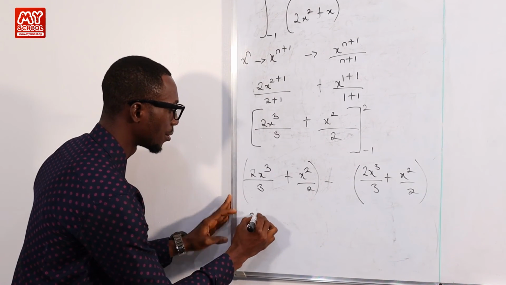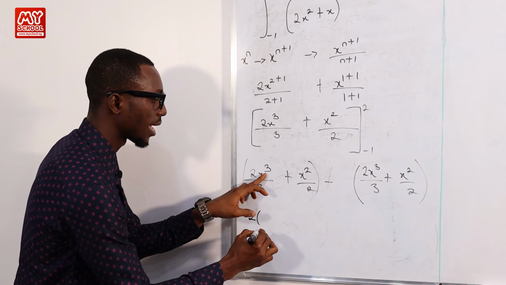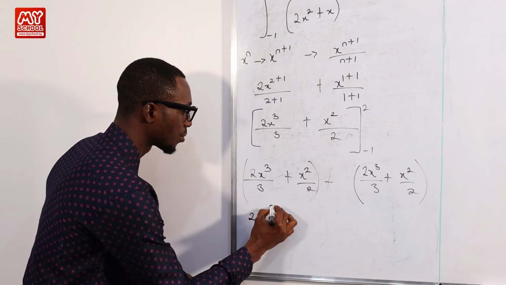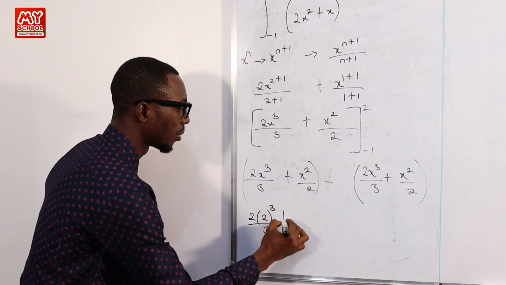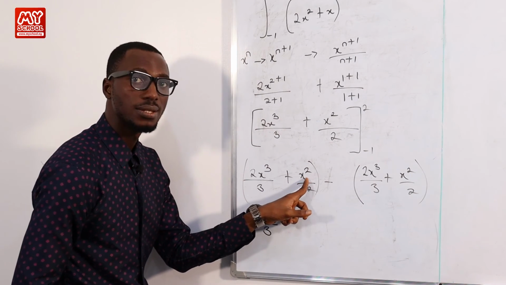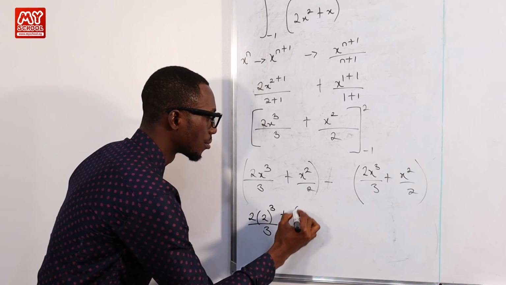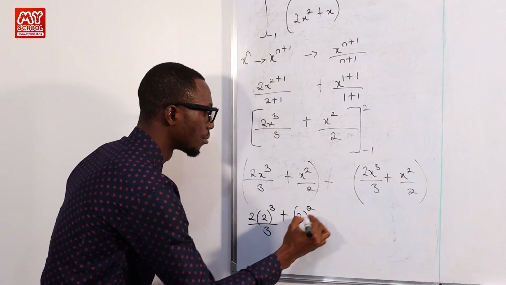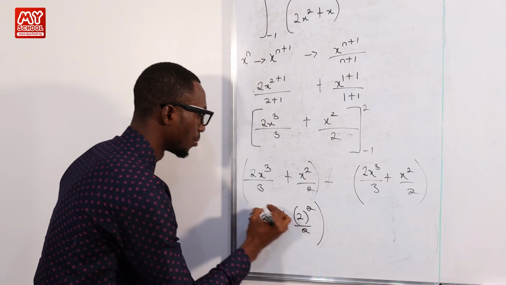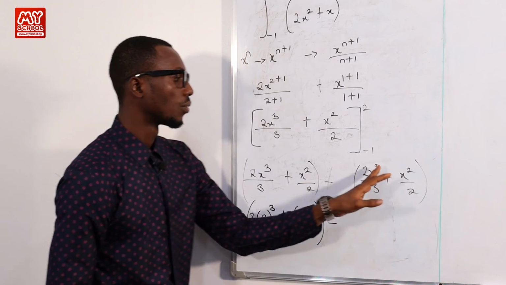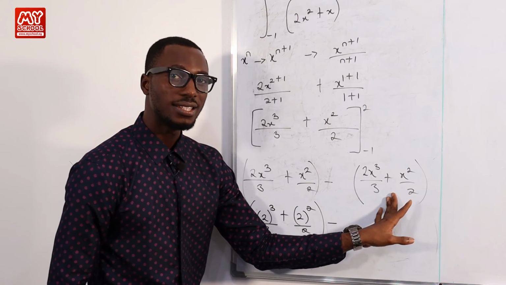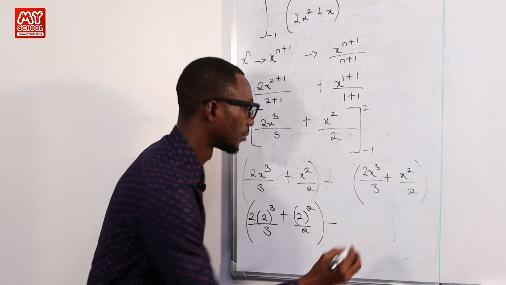We have 2 into bracket, x is replaced by 2, raised to power 3 over 3, plus x is replaced with 2 raised to the power of 2 over 2, close our bracket, minus. We are told here that the x will be replaced by minus 1.